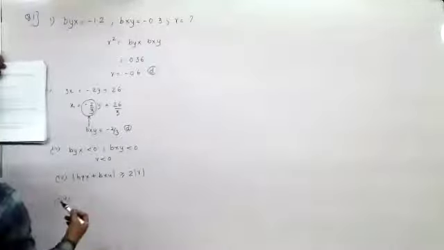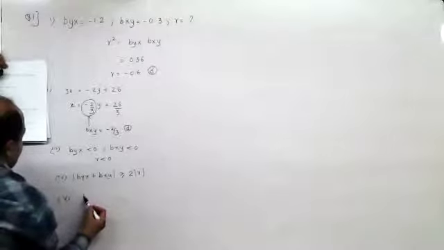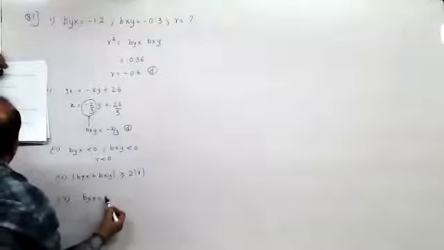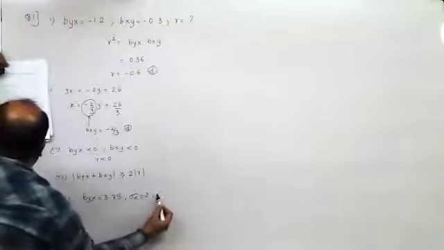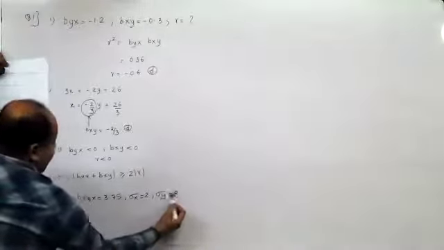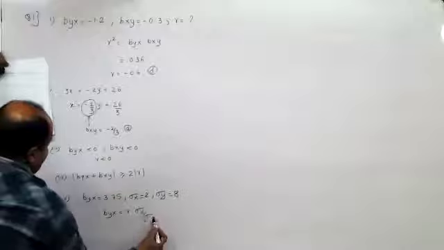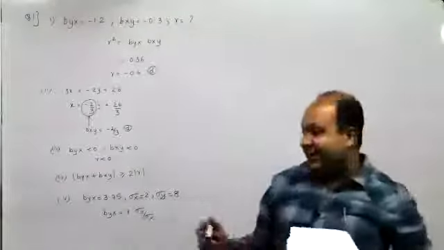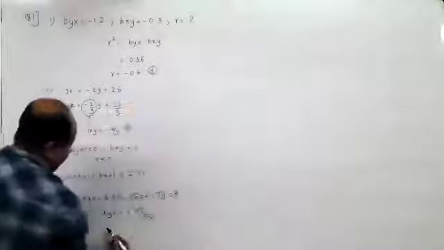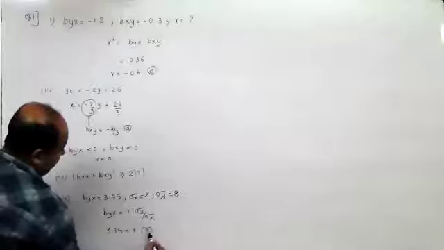Fifth one, find the value of the covariance between x and y. If the regression coefficient of y on x is 3.75, the standard deviation is 2 for x and the standard deviation of y is 8. Now we can say byx is r into standard deviation of y upon standard deviation of x. byx is 3.75, so that is equal to r into 8 upon 2.